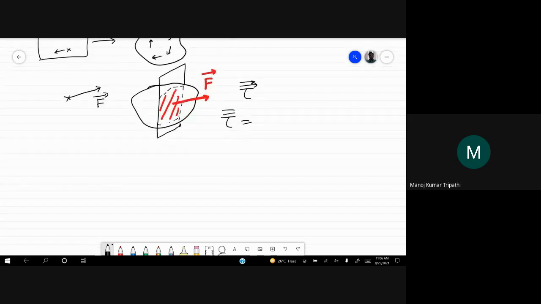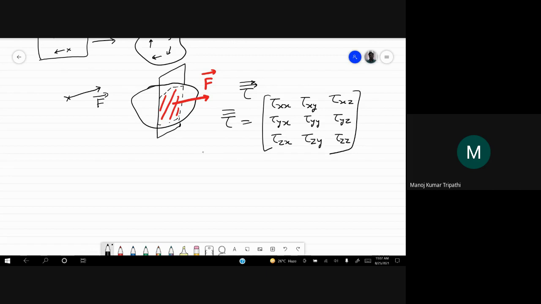And for 3 dimensions, we said that there are 9 components. Like this: tau yz, zx, zy, and zz.